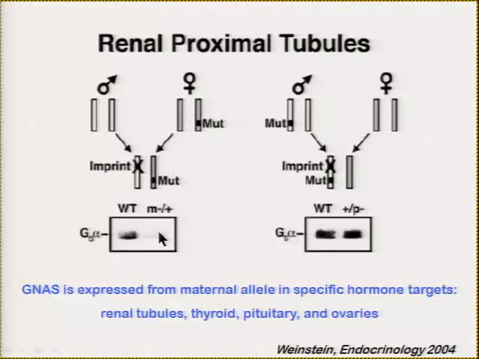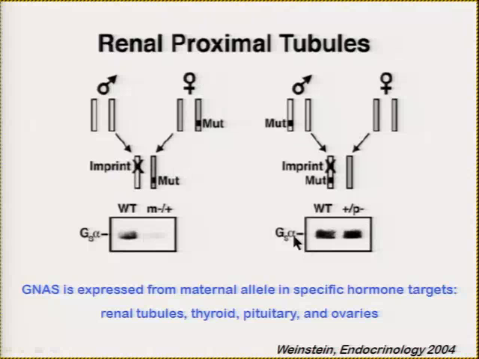So if you look in the kidneys, there is no G sub alpha. If you get the mutation from the paternal side, it doesn't matter that that gene can't make any GNAS, because that gene is silenced. So you can see that the mutation in the kidney tubules coming from the father looks like it's normal.